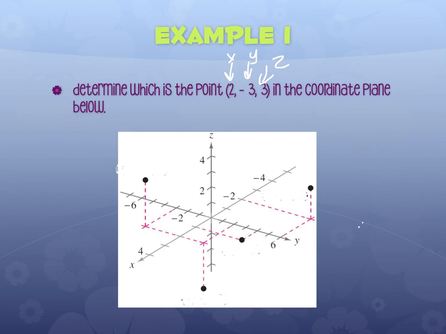So if it's a +2, it means along this x-axis we're moving 2 places forward. If it's a -3, the y is going left to right, that means I'm moving 1, 2, 3 places to the left. And if it's up 3, then I'm going up 3 places, and right here is the point we'd be looking at.